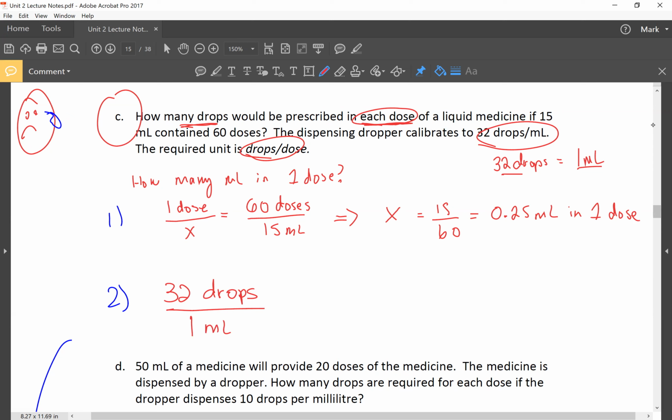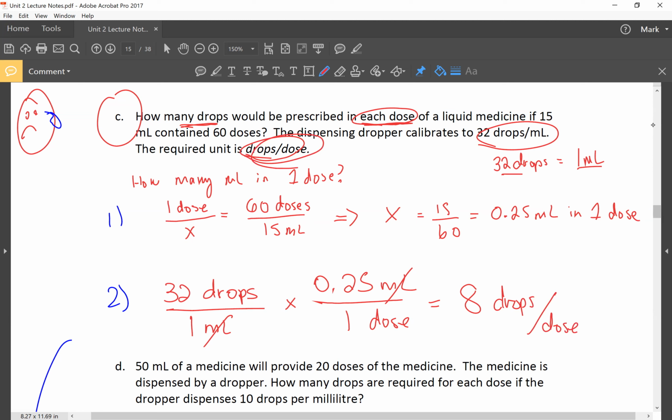And my question is, how many drops are in one dose? So I'm going to multiply this by 0.25 milliliters in one dose. And what happens is my milliliters cancel and I'm left with 8 drops per dose, which is what the question is asking for. This is a tricky one.